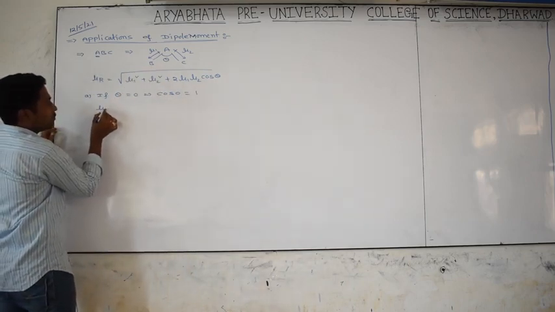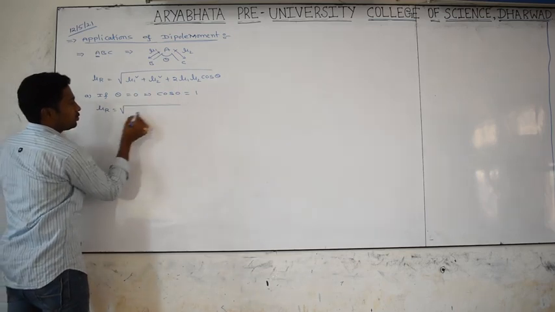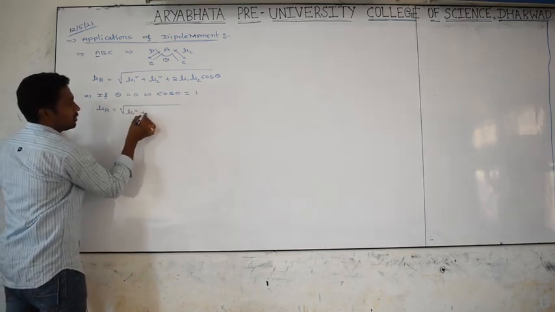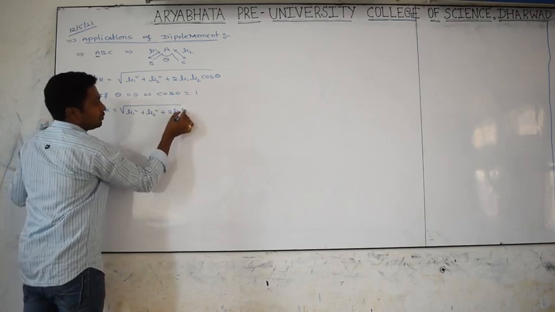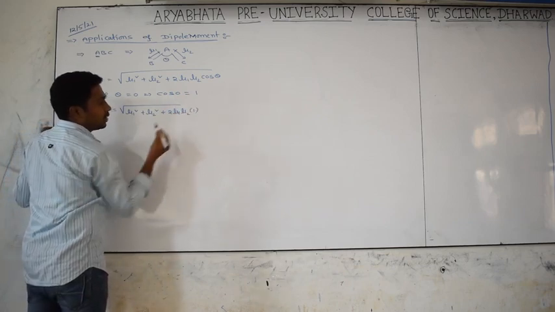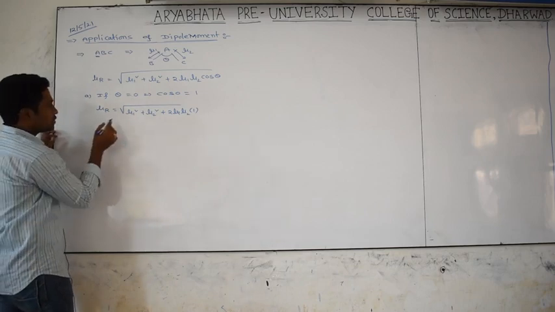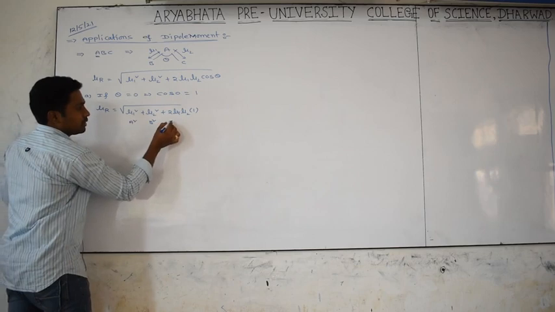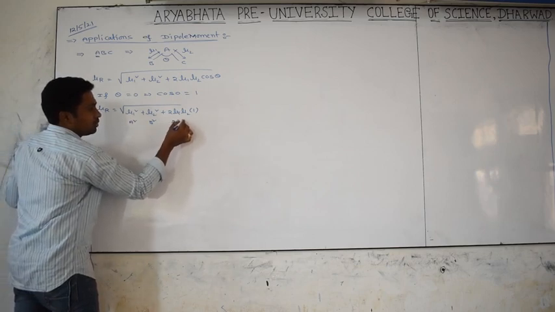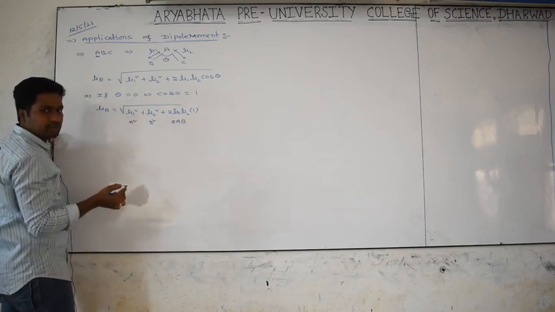The resultant dipole moment is equal to the square root of mu1 square plus mu2 square plus 2 mu1 mu2 cos theta, and cos 0 is 1. So it is similar to the formula a square plus b square plus 2ab. What can we write? (a plus b) whole square.